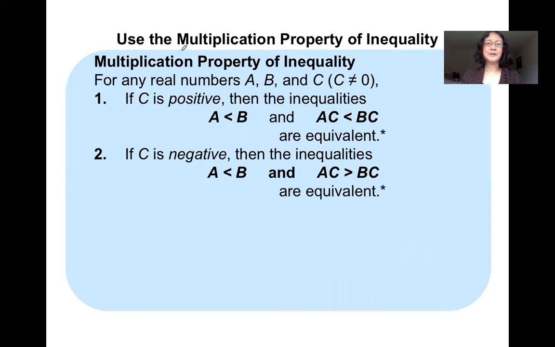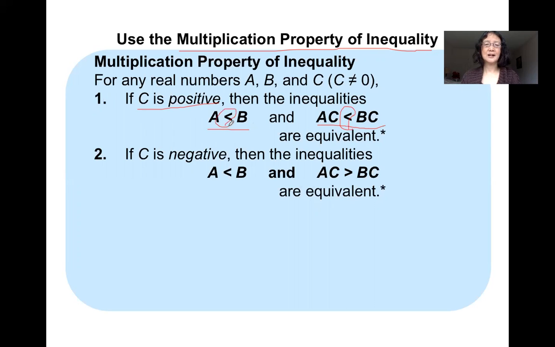Use the multiplication property of inequality. When you have A < B and you multiply both sides by a positive number C, you get AC < BC. You don't change the direction of the inequality.